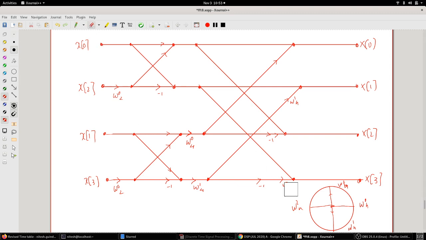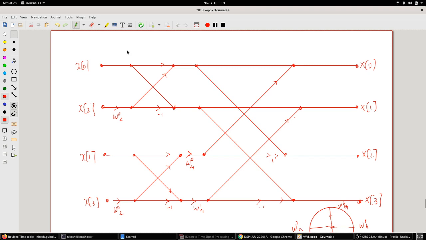So I don't need this multiplication now. This is one change which we make. The number of computations in this case is reduced to n by 2 per stage. How many stages? Log 2 of n. So this is how you can reduce your complex multiplications.